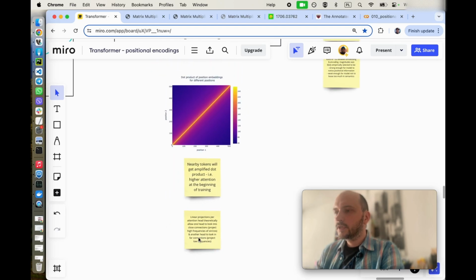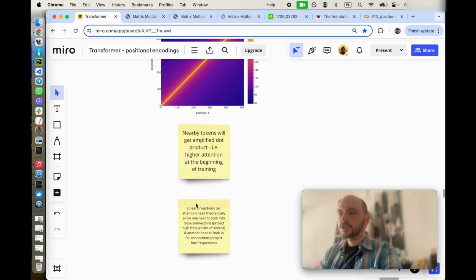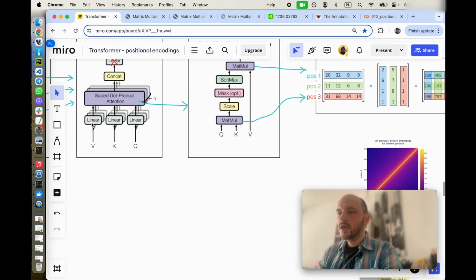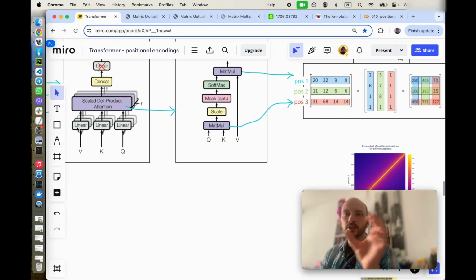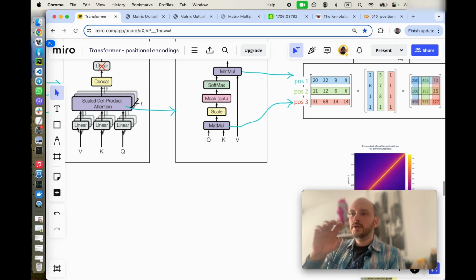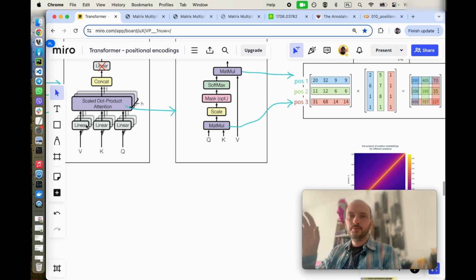And as you probably understand, linear projections in these heads may allow for one projection to look into the first embedding indices, which have higher frequencies of positional encodings, and some other projection for another head may look into deeper indices of the embedding and positional encoding, which contain information about lower frequencies.